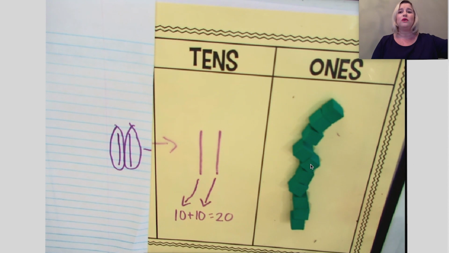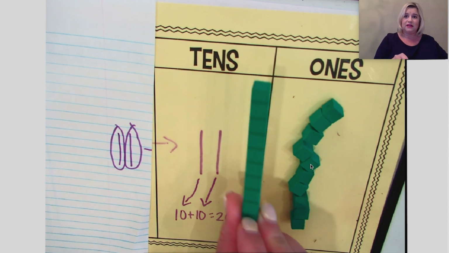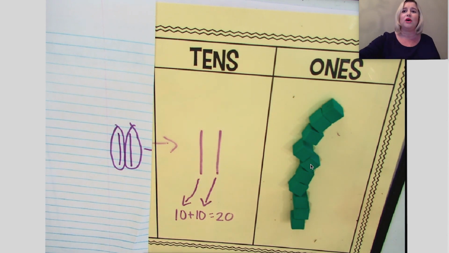Just like before, we will use circles and arrows to draw composing and decomposing when we are putting blocks together or taking rods apart. Noah said to unbundle or trade in 1 ten for 10 ones. So what I'm going to do is on my drawing, I'm going to circle one rod in the tens place.